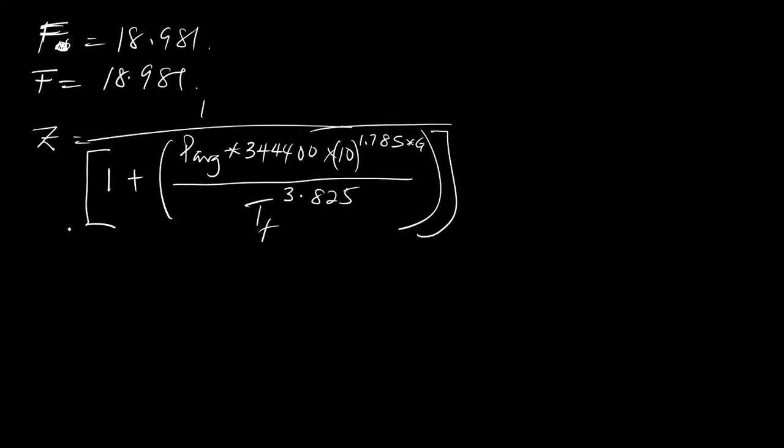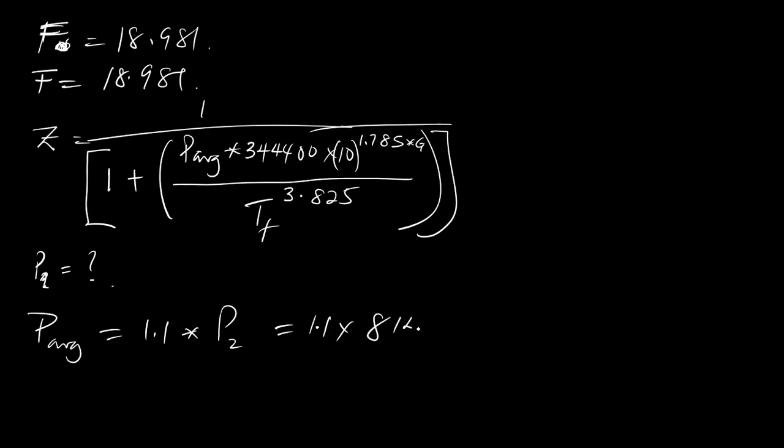Now, since we don't know the value of the upstream pressure, we can assume our average pressure to be equal to 1.1 times the downstream pressure. And the downstream pressure in psig is 814.7.